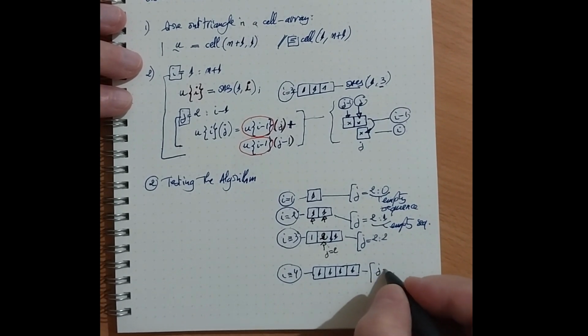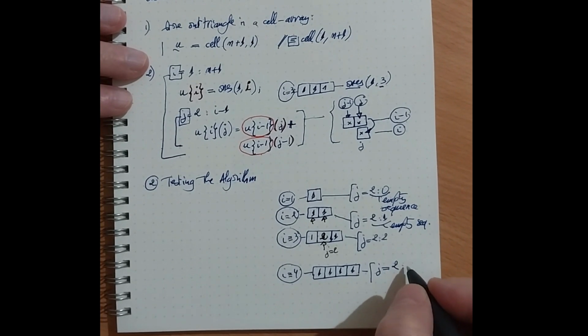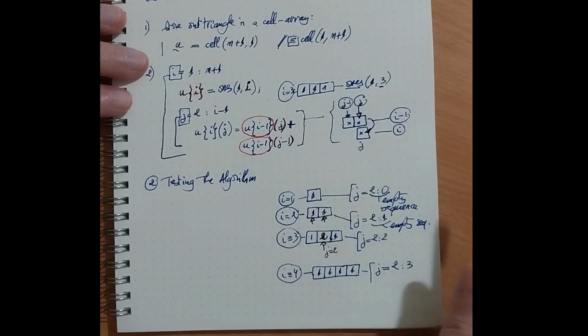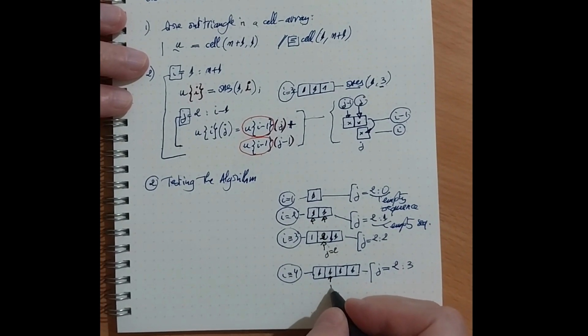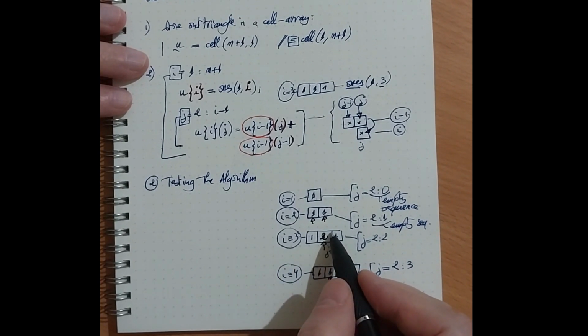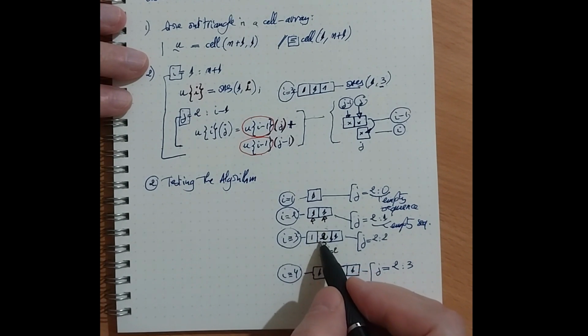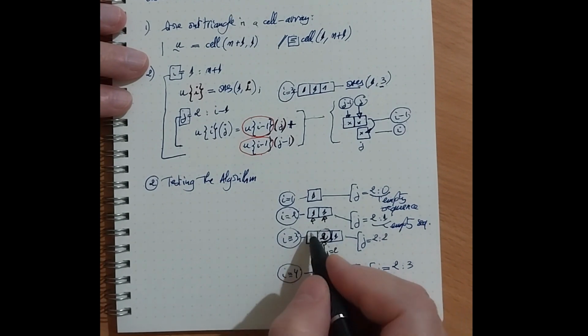So here j starts from 2 to i minus 1, that is 3. So j equals 2 and j equals 3. Those are the inner elements. Let's start with j equals 2. For j equals 2, we take the previous row, this element at the second position, and j minus 1 at this position.